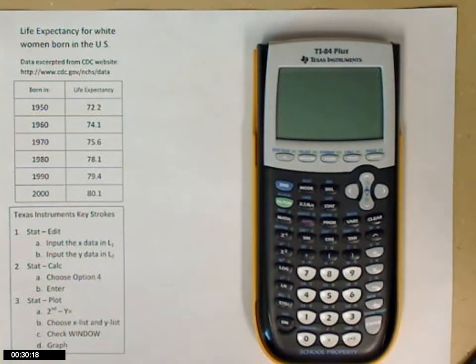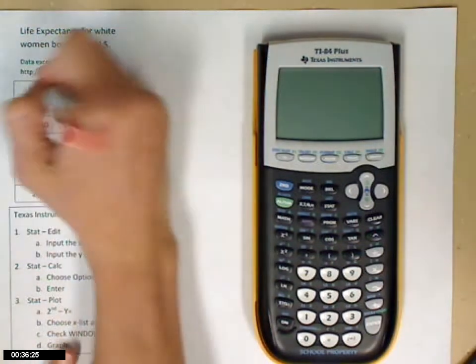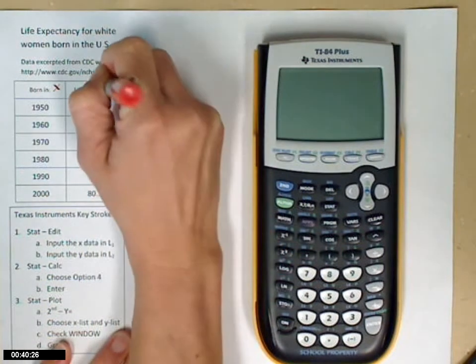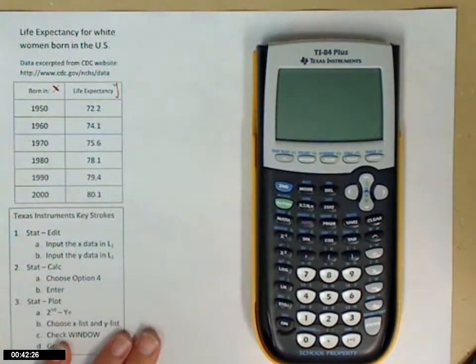First off, we have to decide which is going to be X and which is going to be Y. Since I'm doing the video, I'm going to decide born in year is going to be my X variable, and life expectancy will be my Y variable.